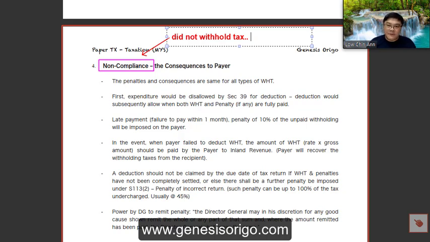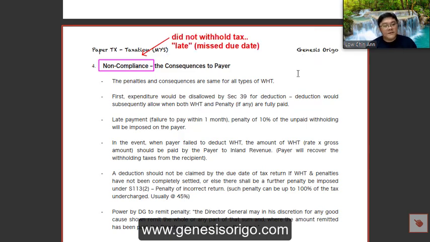A lot of times people didn't know; it's not like they did it purposely. Or sometimes they are just careless and overlook it. Another thing also considered non-compliance is when you're late, meaning you miss the due date, okay? You're supposed to settle the withholding tax within 1 month after the date of payment, but you didn't do that. So what will happen?